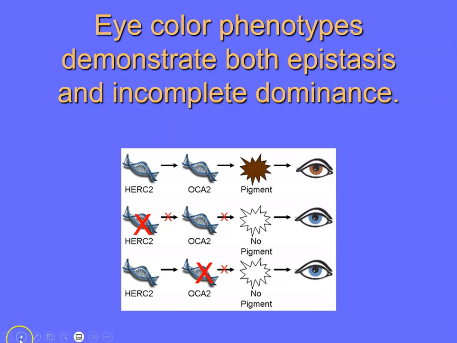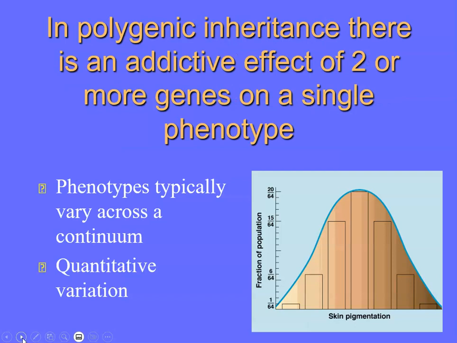So some of our traits are pretty complex. It's not just a simple Punnett square that we could do to predict the outcome of a cross for certain traits that humans have, like eye color and also skin color.